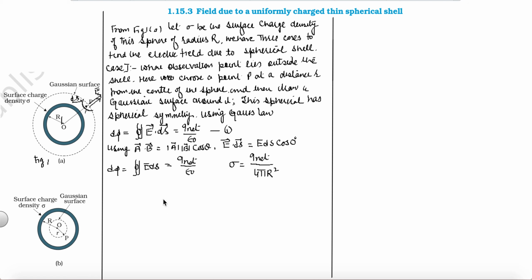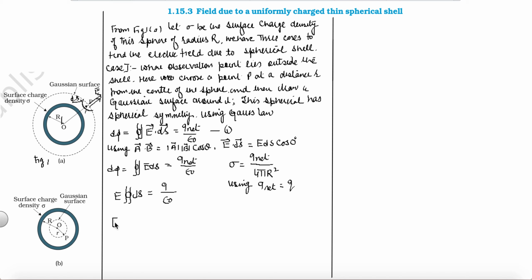As the electric field is uniform over the surface, we can take E outside the integral and are left with integral of ds, equal to q upon epsilon 0, with net charge equal to q.